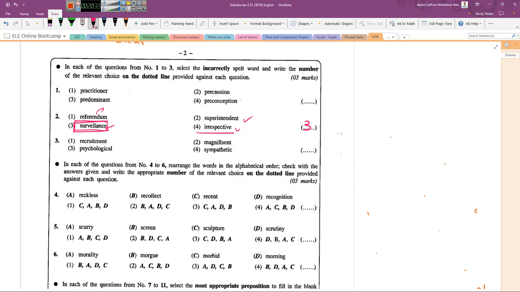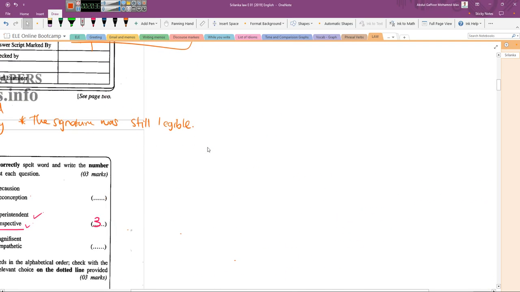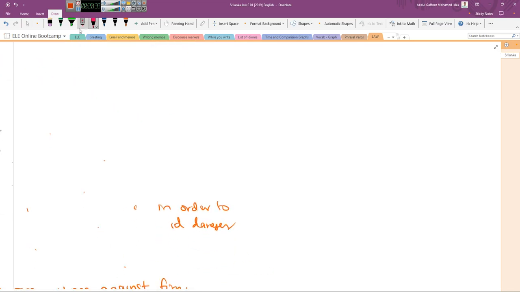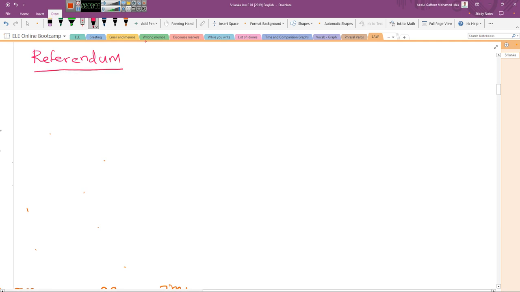Referendum. So it is an occasion when all the people of a country can vote on an important issue.